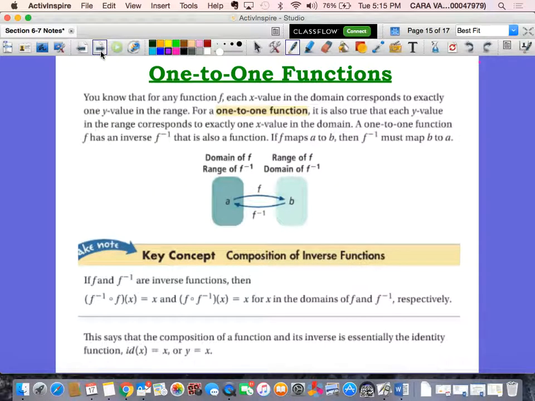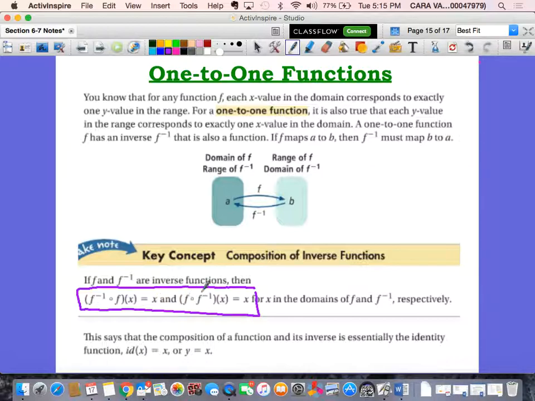The last thing in the inverse section I want to talk to you all about is one-to-one functions. Okay? And the only thing you really need to know here is this bottom part. So yesterday, if you remember, we talked about function composition, that open circle where you put a function inside another function. If you have the composition of the inverse with respect to its original function, and you have a value of x, your answer is just x.